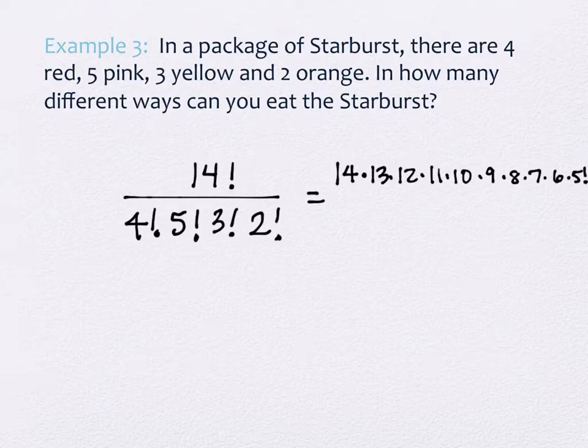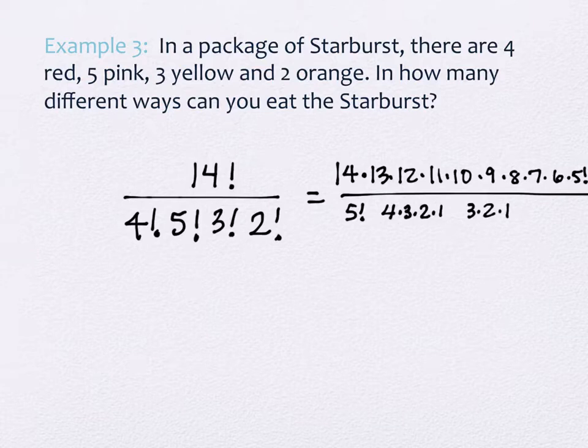And I'm going to pause, which was great because I ran out of space. And then I've got the 5 factorial in the denominator, and then I'm going to write the other ones out as well. I moved the order around, my bad. But there's 4 factorial right there. 3, 2, 1 is my 3 factorial, and 2, 1 is my 2 factorial. I'm just separating so you can see each of the pieces.